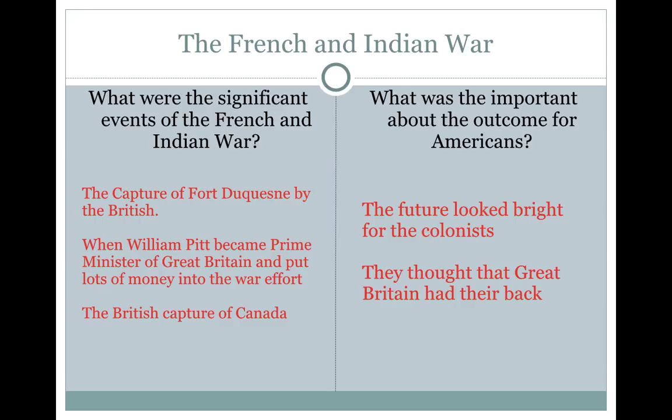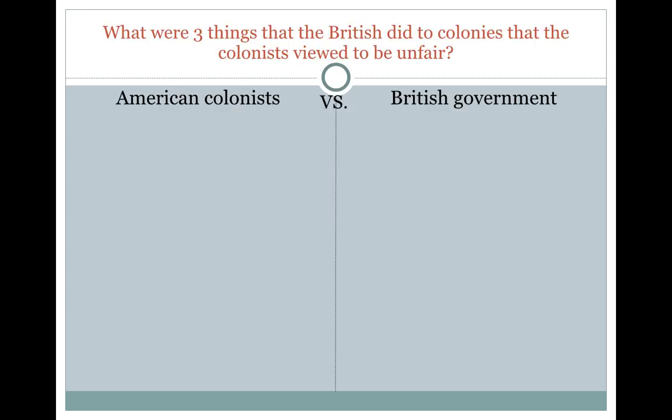Now, things start to change a little bit, and we'll talk about this as we move forward. Three things that the British did to colonies that the colonists viewed to be unfair. So after the war, some things start happening that really start making some of the colonists really upset. So we've got American colonists versus the British government. Now remember, the British government is controlling the American colonies, right?